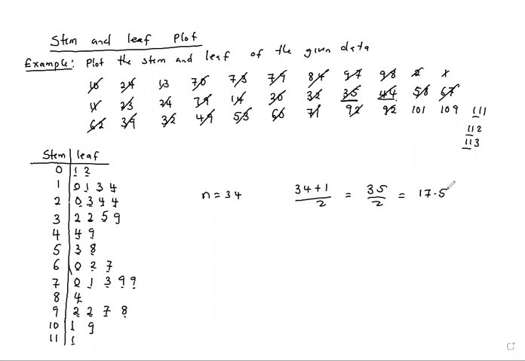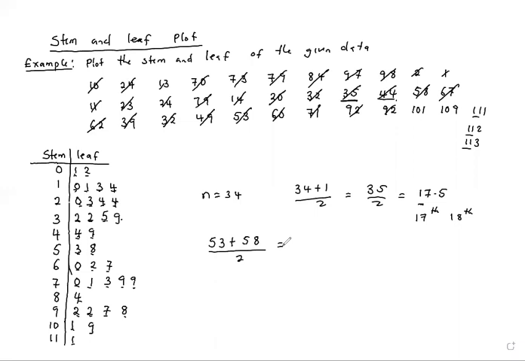So when I reach 17, I will pick the 17th term and the 18th term and add them, then divide by 2. So 1, 2, 3, up to 17. So I'll pick 53 plus 58 and divide by 2.